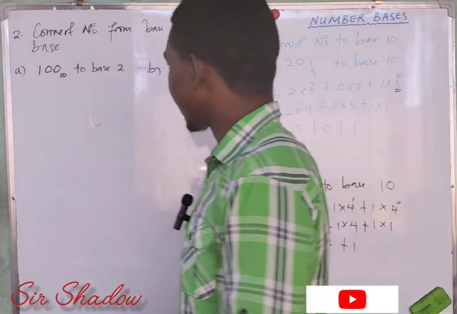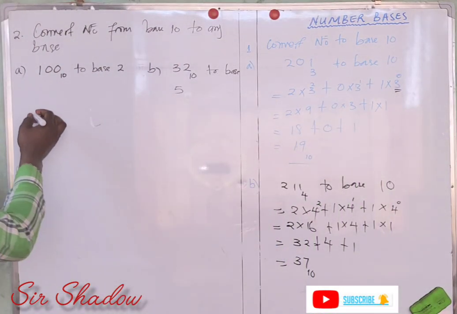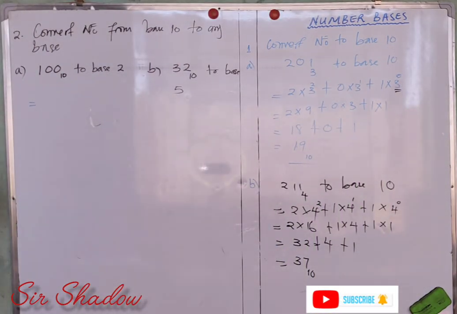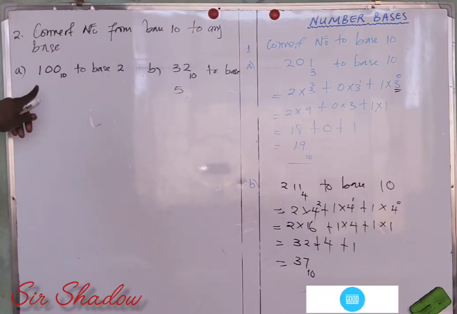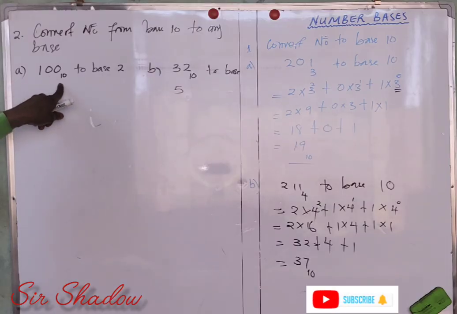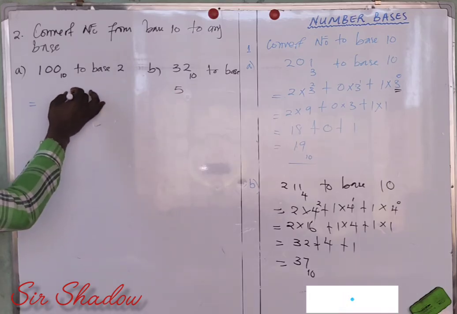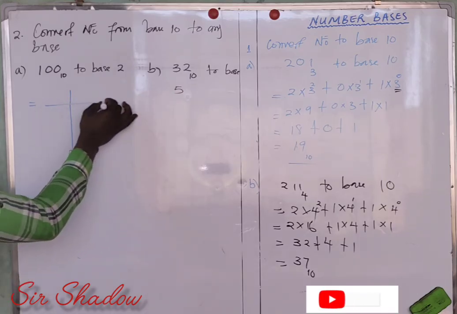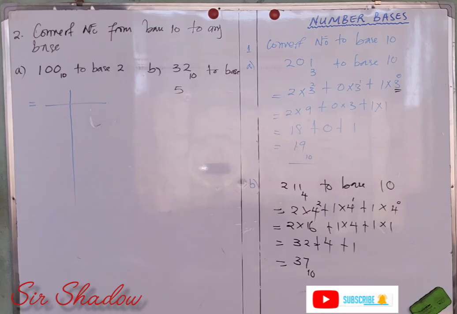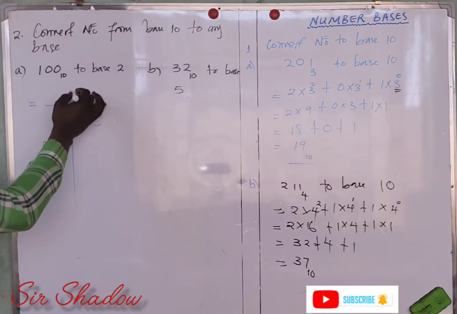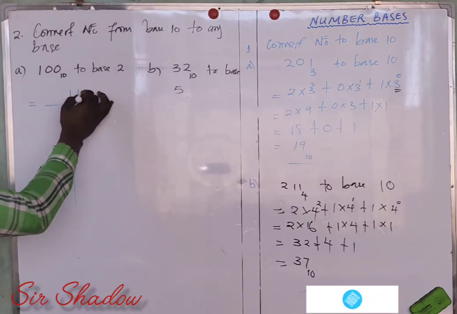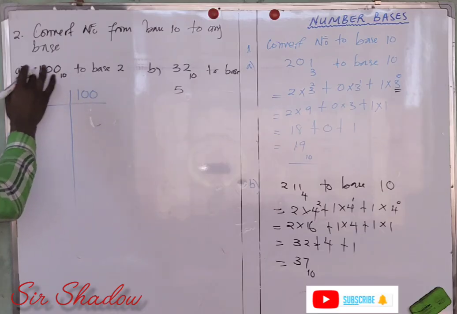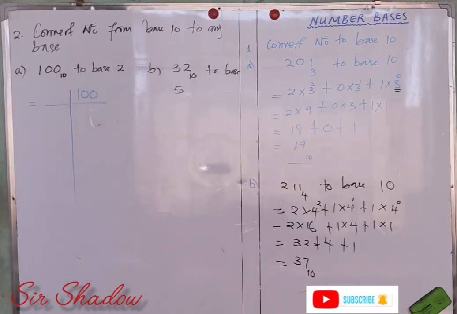Right? So let's attack the first part. Whenever we are going to convert 100 base 10 to a number in base 2, first of all, we draw a line like this one. We show a division, like we want to find some factors. Then on this side, we write this number 100.